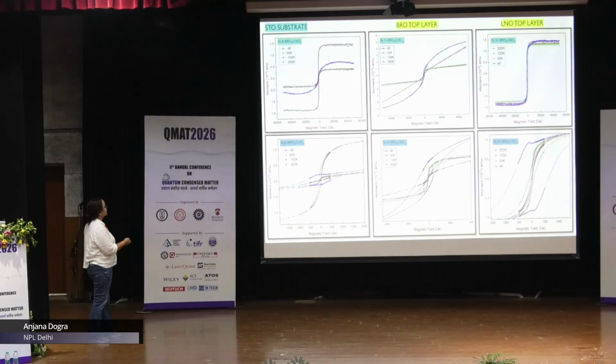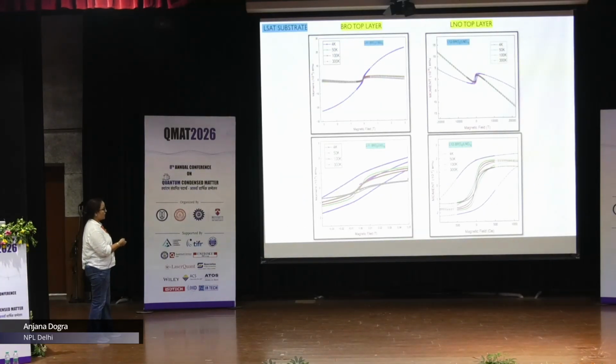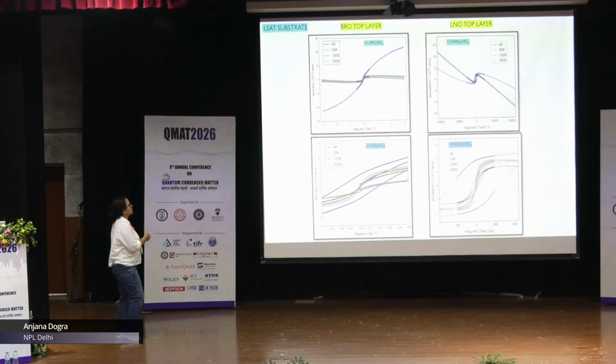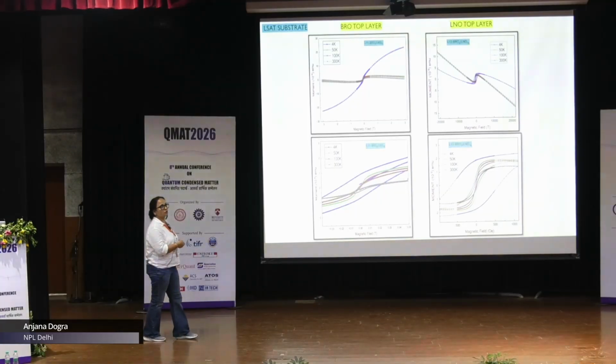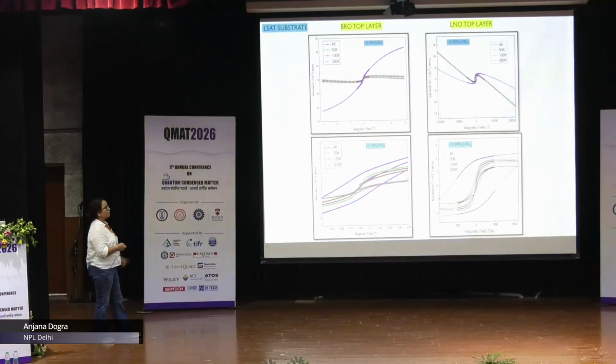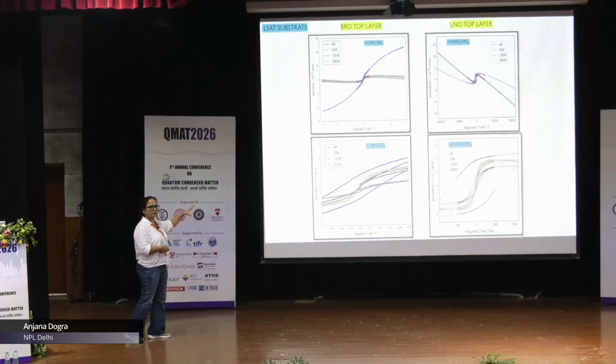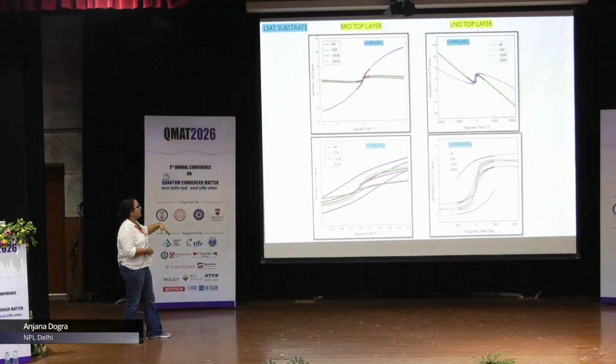All this data is with the STO substrate. However, when we change the substrate to LSAT, here also we have made BRO top layer and LNO top layer. You can see the hysteresis for BRO on LSAT. We could see hysteresis which is not saturating, but still we are able to see it.